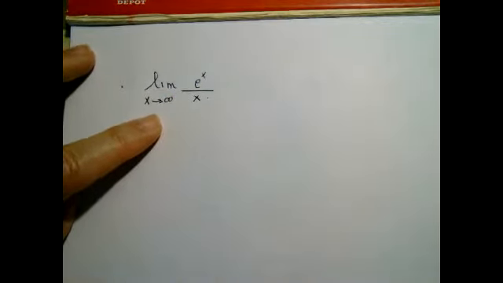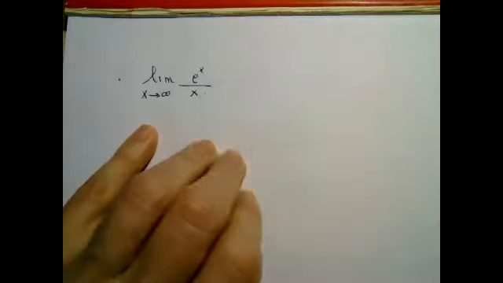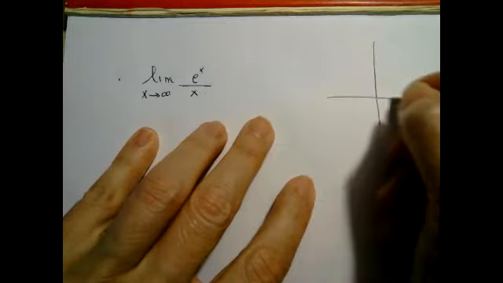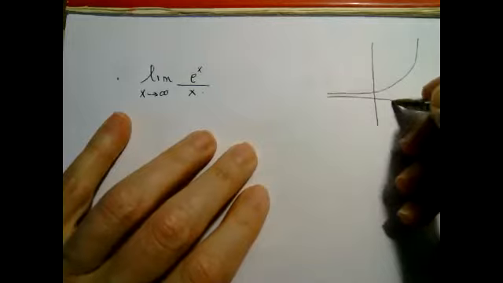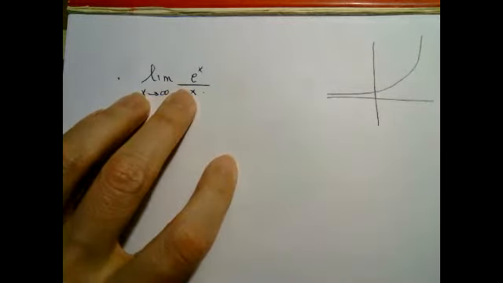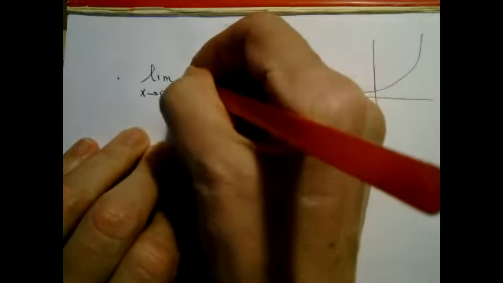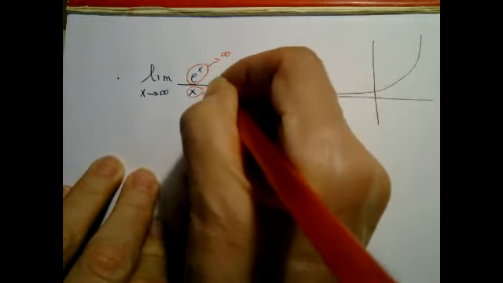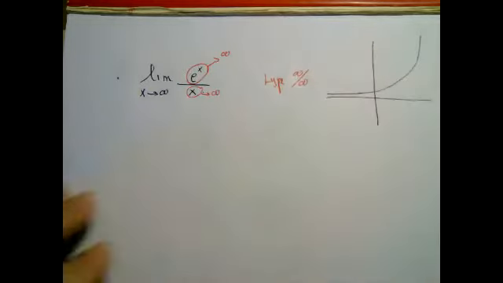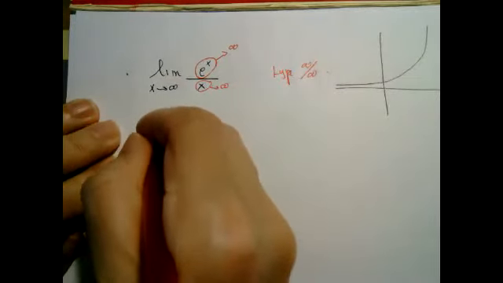Okay, so first, what happens as x goes to infinity of this? Let's remember the graph of e to the x. This is e to the x. So as x goes to infinity, e to the x goes to infinity. So this is going to go to infinity. And x itself goes to infinity. So this is type infinity over infinity. L'Hopital's rule is absolutely applicable. So L'Hopital's rule tells me what?